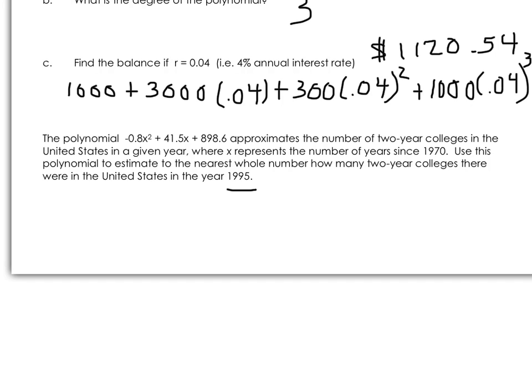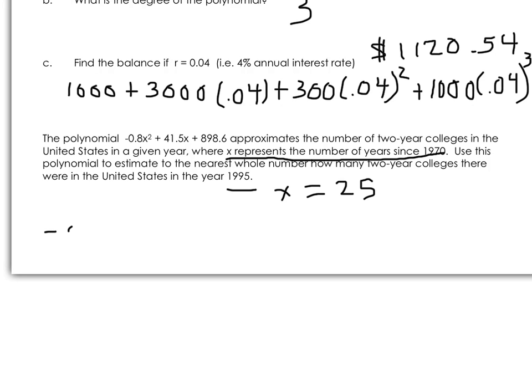Well, if x represents the number of years since 1970, then 1995 is how many years after 1970? 25 years. So we want x to equal 25.